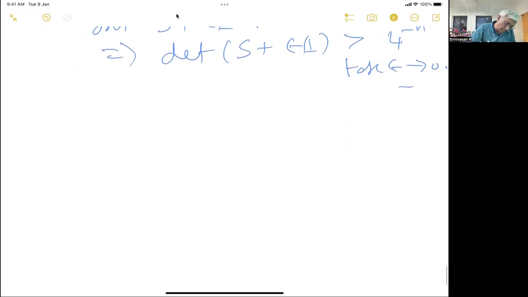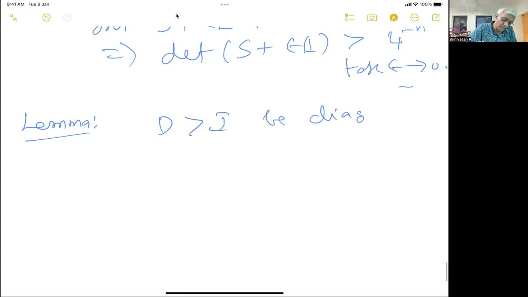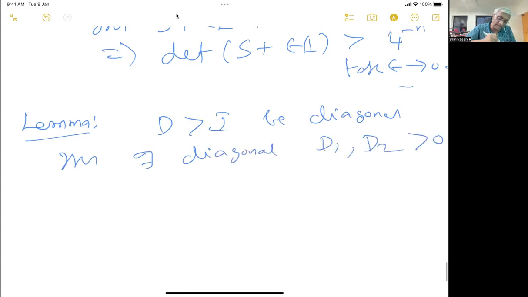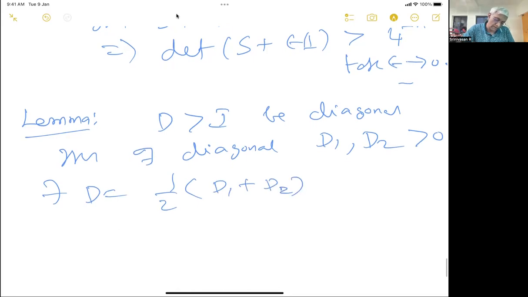So that is proved. Now we want to prove the following lemma. Let D greater than I be diagonal. Then there exist diagonal matrices D1, D2, all strictly greater than 0, such that D is equal to half into D1 plus D2, and also equal to half into D1 inverse plus D2 inverse.